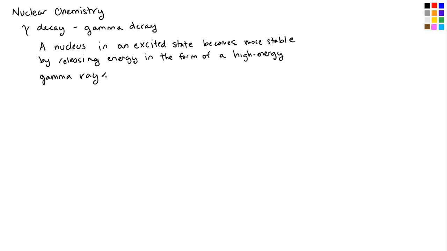So there's a lot in here that we need to unpack. First of all, let's just clarify some things. Gamma rays have no mass. And that is because they are not strictly particles, they are actually photons.